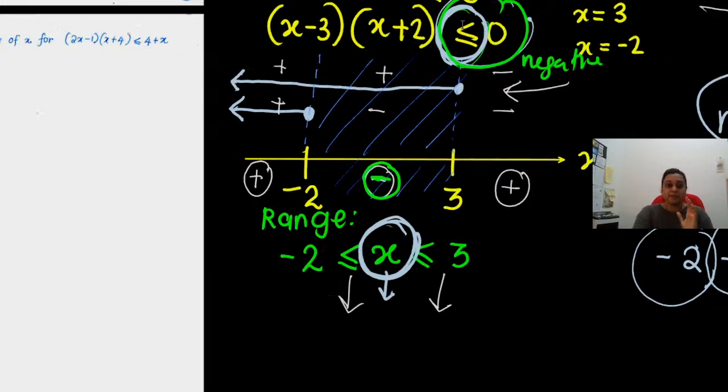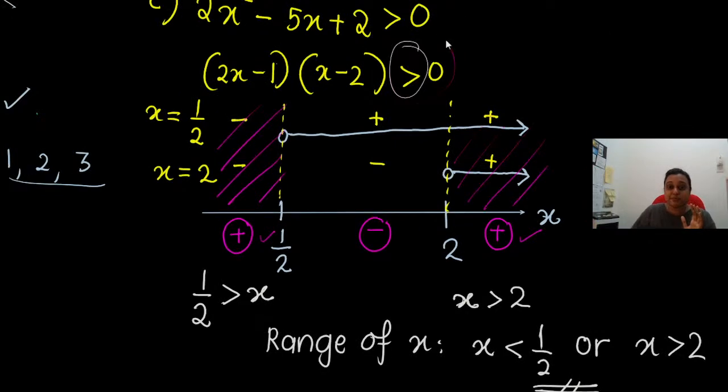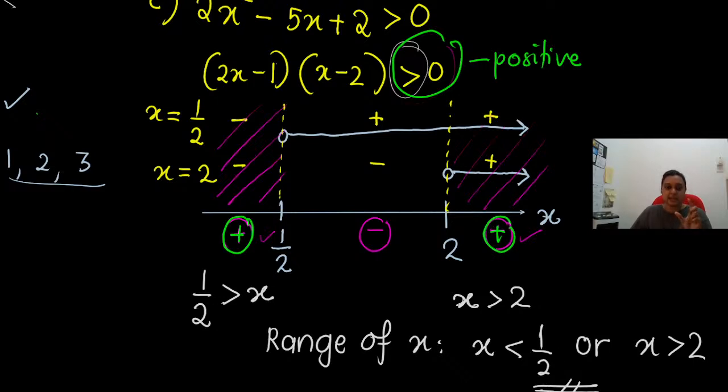But for question C, this is bigger than 0, therefore we need to choose the positive sign. Positive sign is on the left hand side and on the right hand side. Therefore you cannot do the middle format, so you have to write separately.